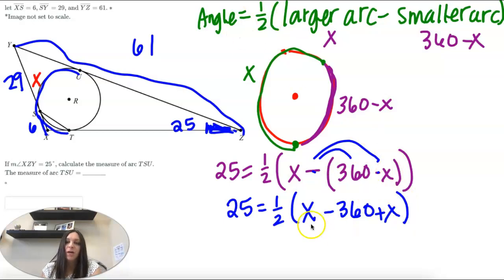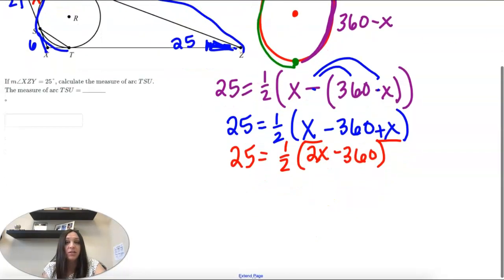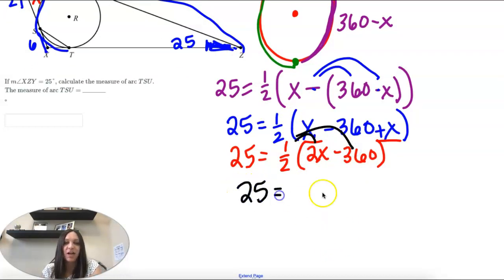So now I'm going to combine my like terms. I have two x's and I have a minus 360. Timesing that by 1/2 equals 25. So now we're going to do what we wanted to do earlier, and I told you not to. I'm going to distribute that 1/2 because I'm solving for x. So 1/2 times 2 is 1, or just x.